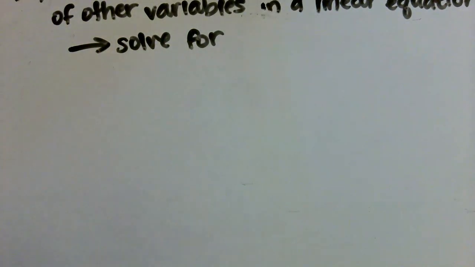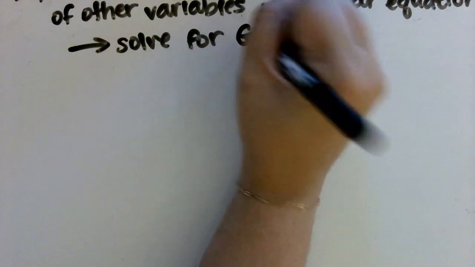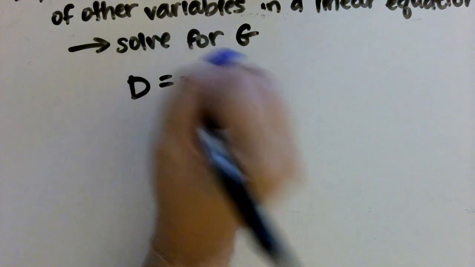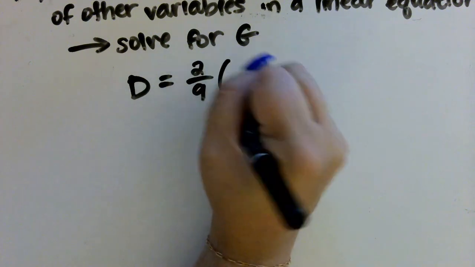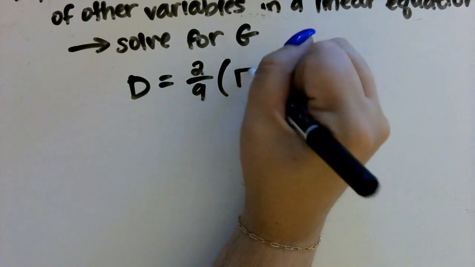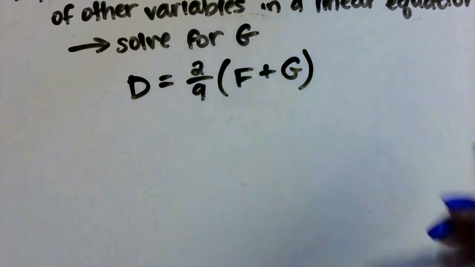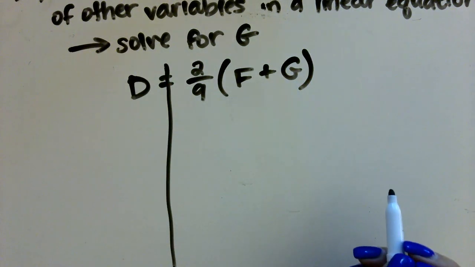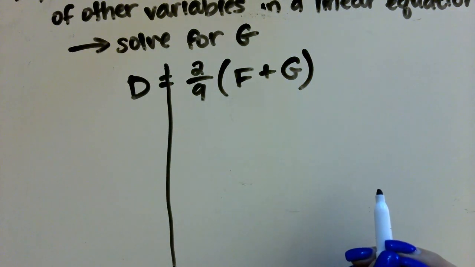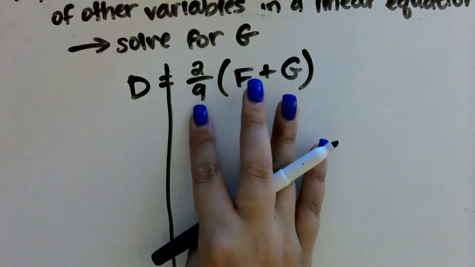This time we are going to be solving for the capital G. Our equation is d is equal to 2 over 9 times f plus g, okay? So again, we are going to be multiplying by the reciprocal. It is an opposite operation.